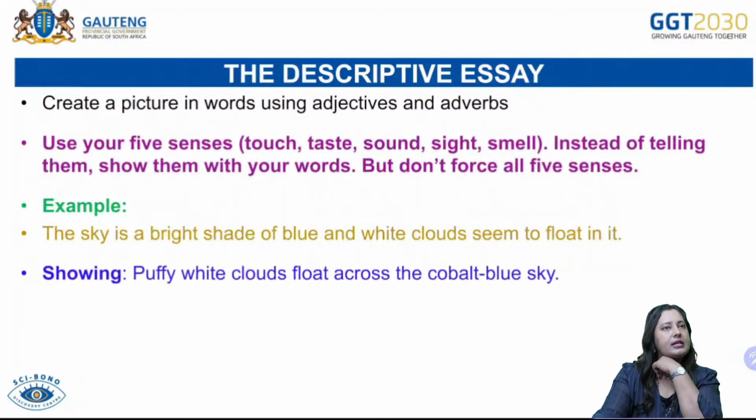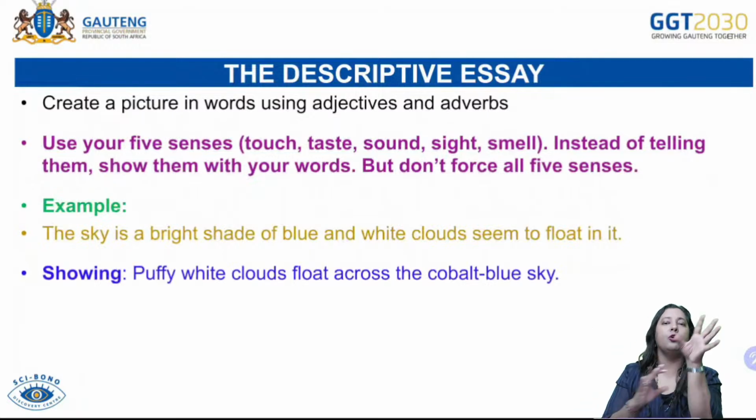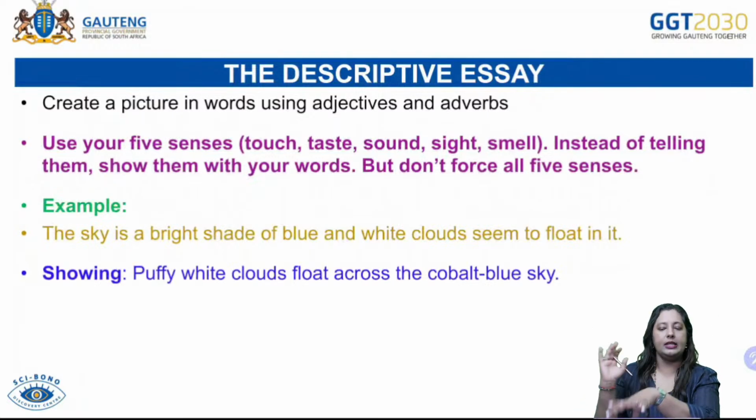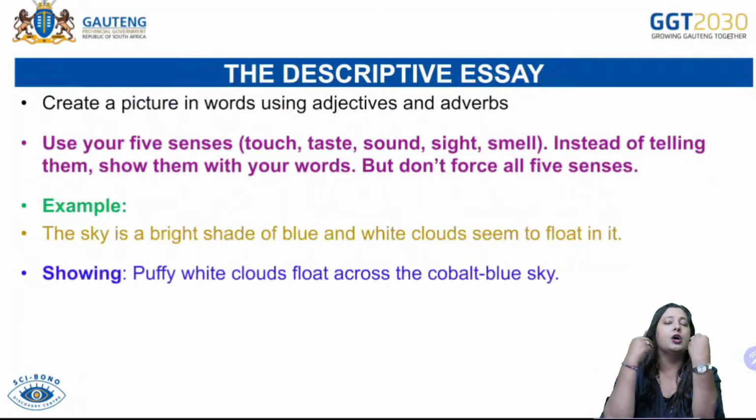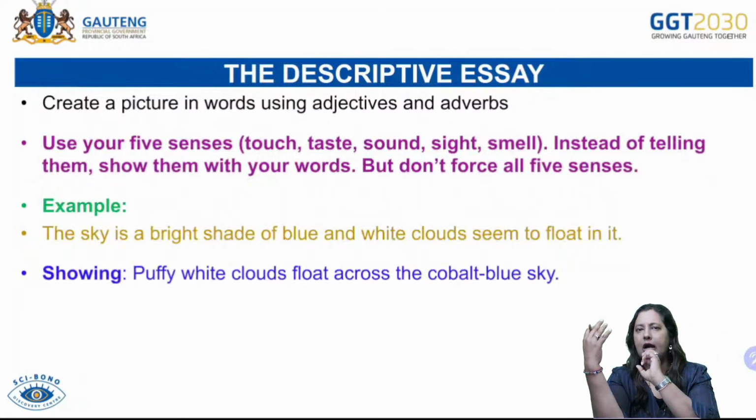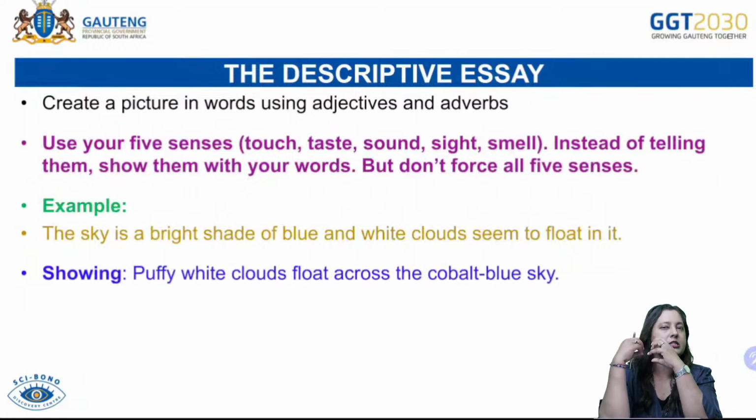Now the reader is thinking, oh wow, that's a very beautiful image, because these puffy clouds mean that you can almost imagine bouncing off them all the time from one to the next, and you in this cobalt blue sky, it's not too dark, not too light, it's just the right deep kind of blue that we want to talk about.